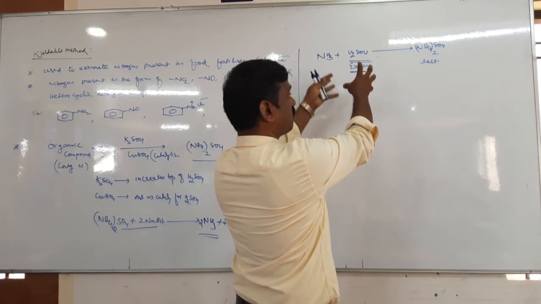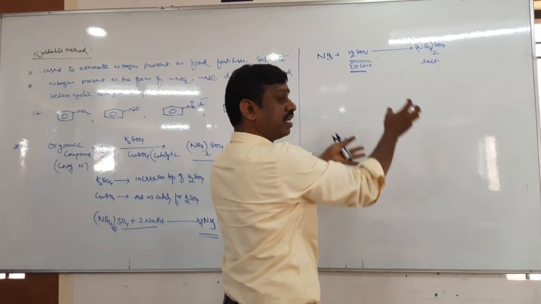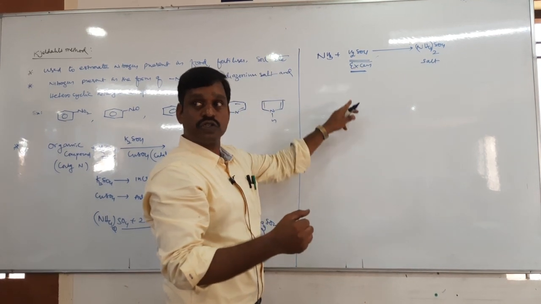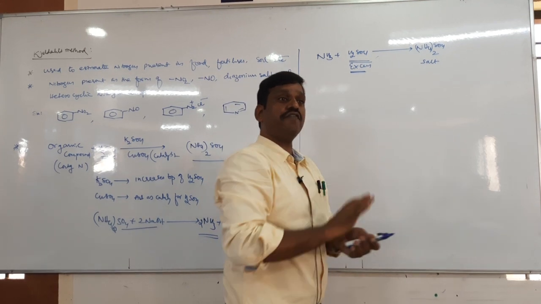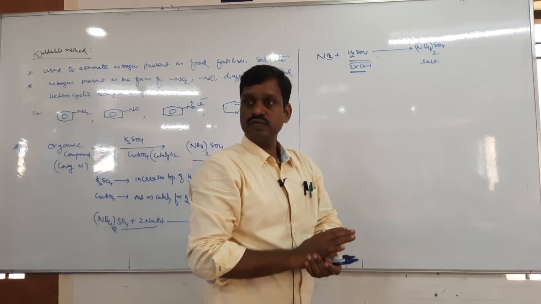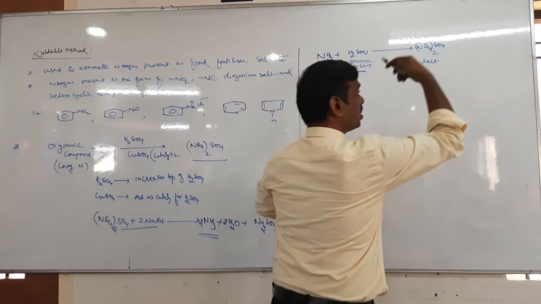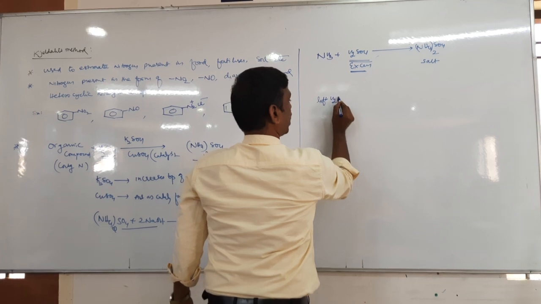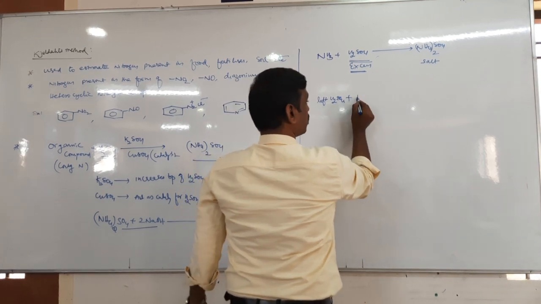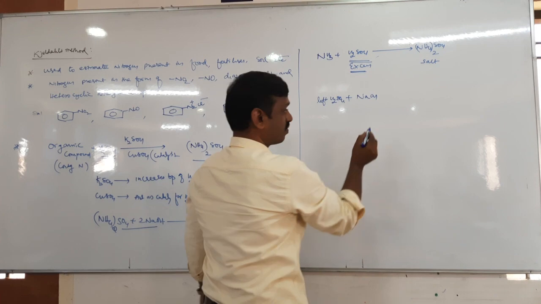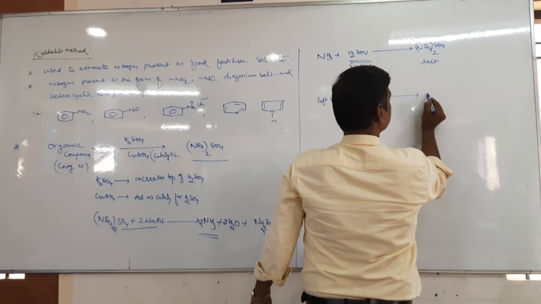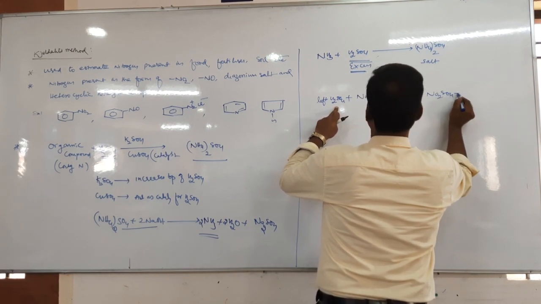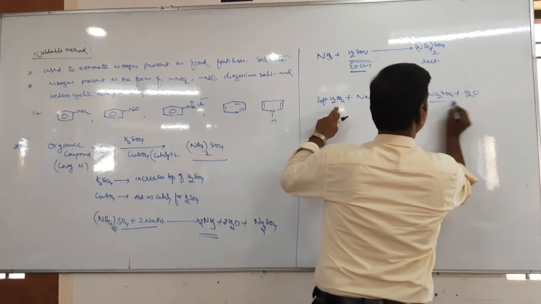So when you take excess of sulfuric acid, the complete sulfuric acid will not be used, right? Some part of the sulfuric acid is used and the remaining sulfuric acid will be left. Now this left sulfuric acid is titrated with sodium hydroxide. Now tell me what you get? Na2SO4 plus H2O, salt and water.